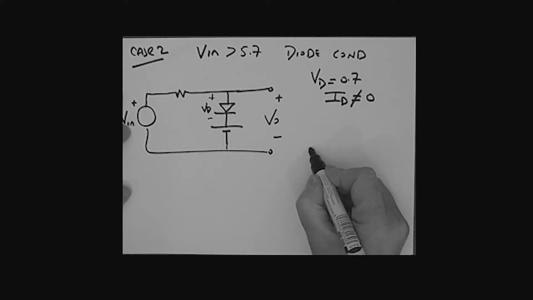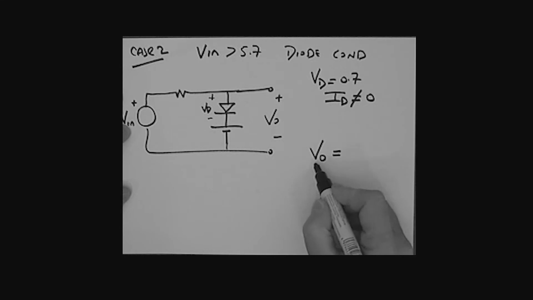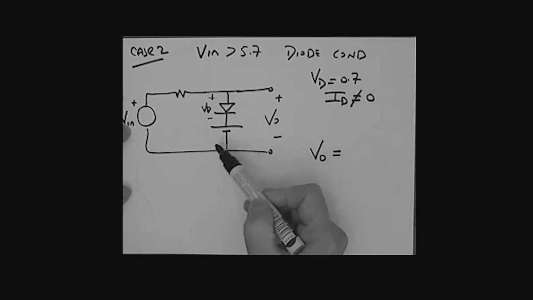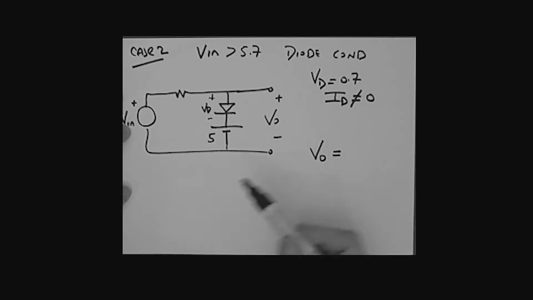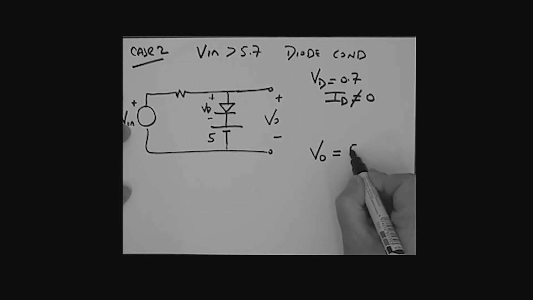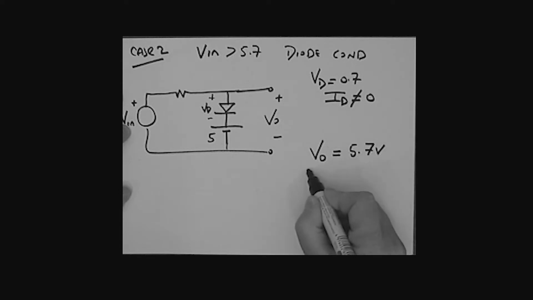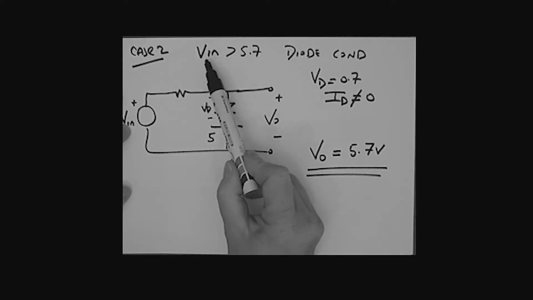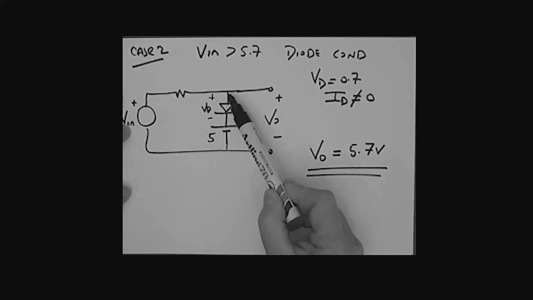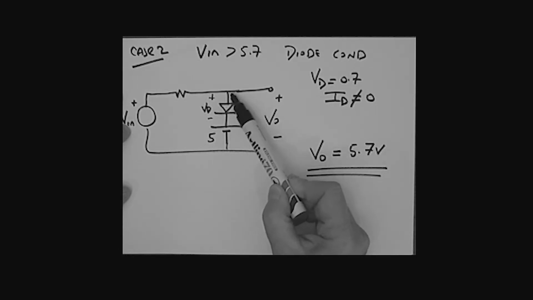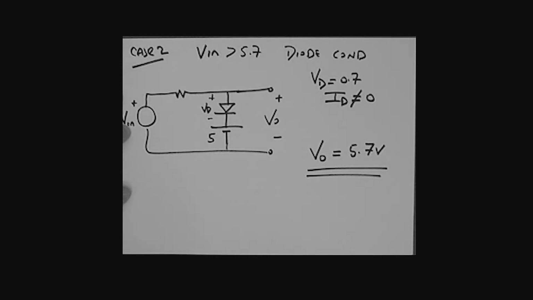And so I think very clearly you can see here that the output is VD plus this voltage here, which was 5. So the output basically stays at 5.7 volts. So if we increase V in above 5.7, this output remains fixed. Once that diode is conducting, the voltage across it remains fixed at this 0.7 volt value. So that is case 2, when the diode is conducting.